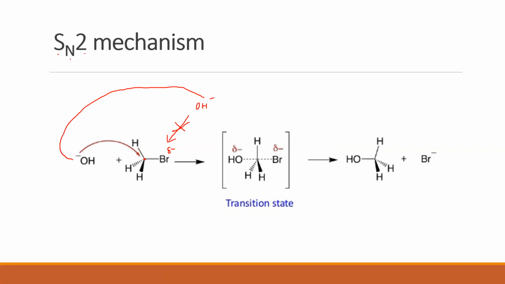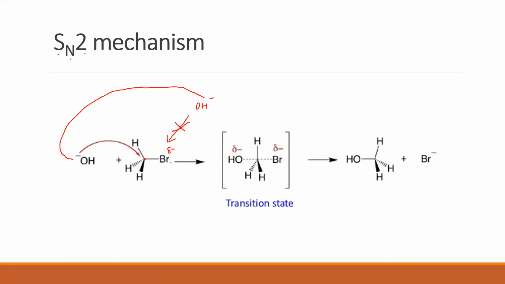Therefore, the nucleophile attacks from the back side, the opposite side of the halogen. You got that? So this is the first point that I want you to understand. So it attacks the carbon atom from the side opposite of the halogen. All right. So it prefers the backside attack.